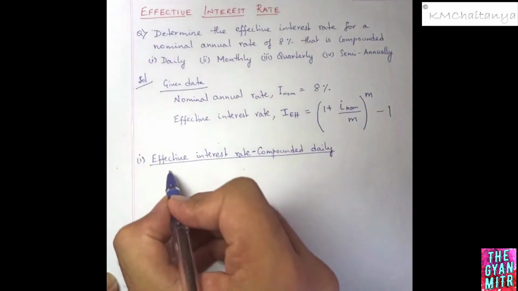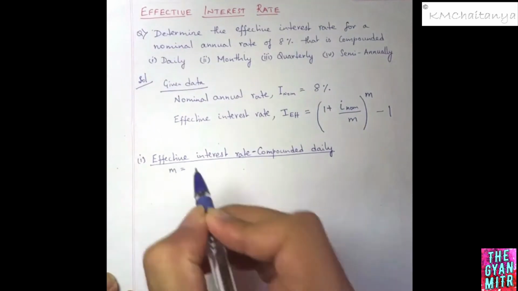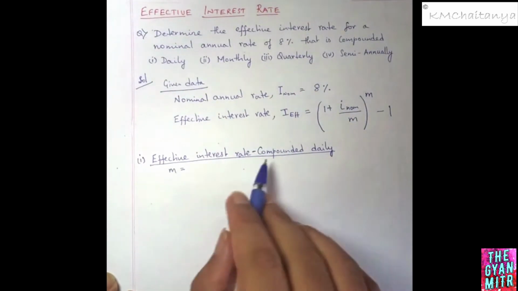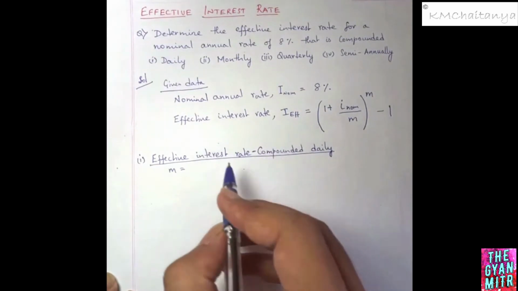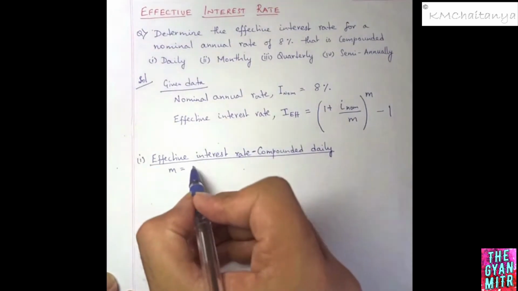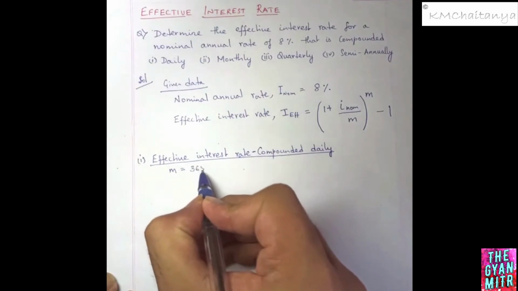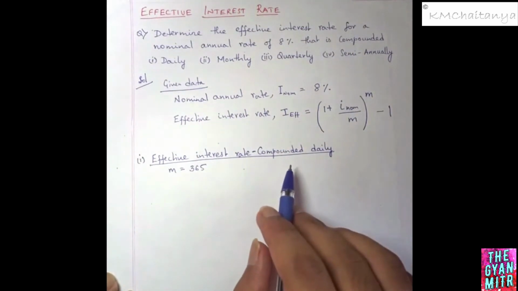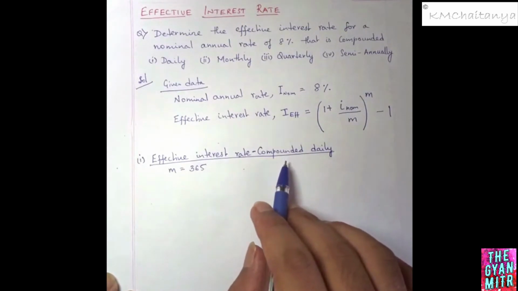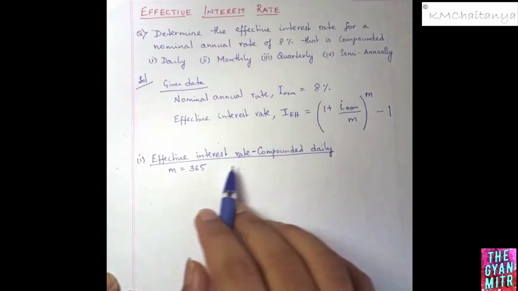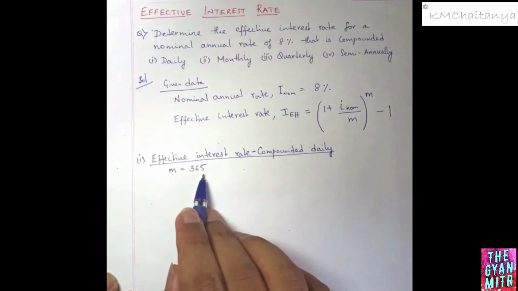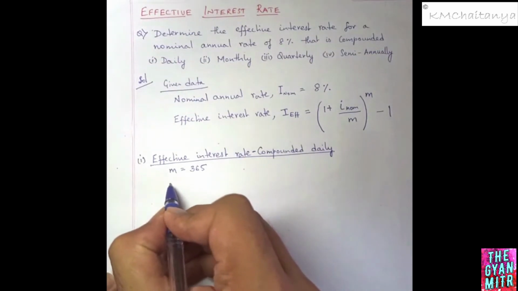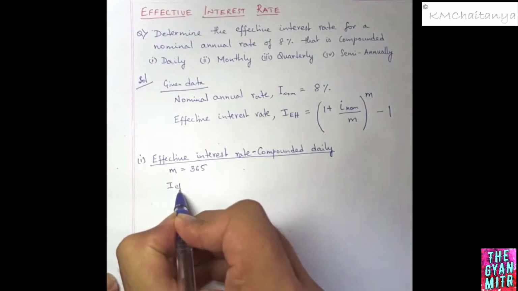Here the value of m will be equal to the number of interest periods within a year. Since it is compounded daily, in a year it will be 365 days. Therefore the value of m, if the nominal interest rate is compounded daily, will be m equal to 365.